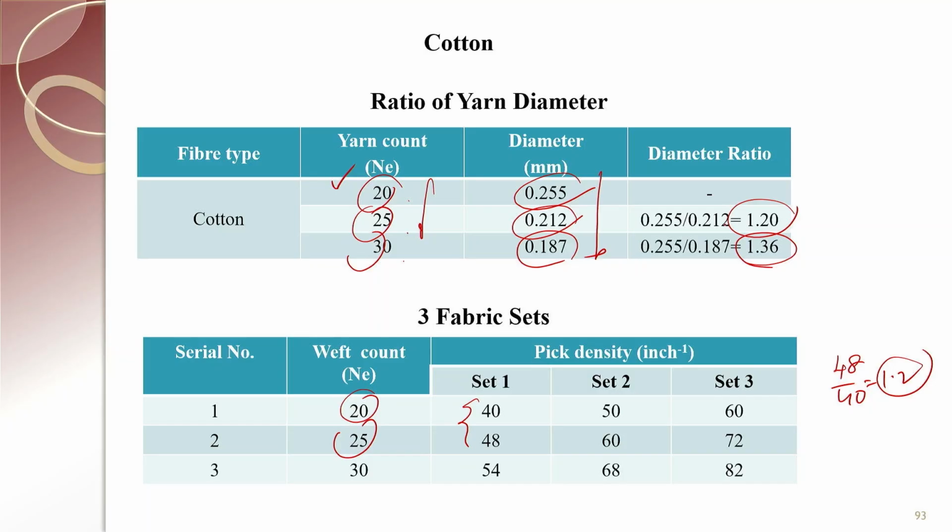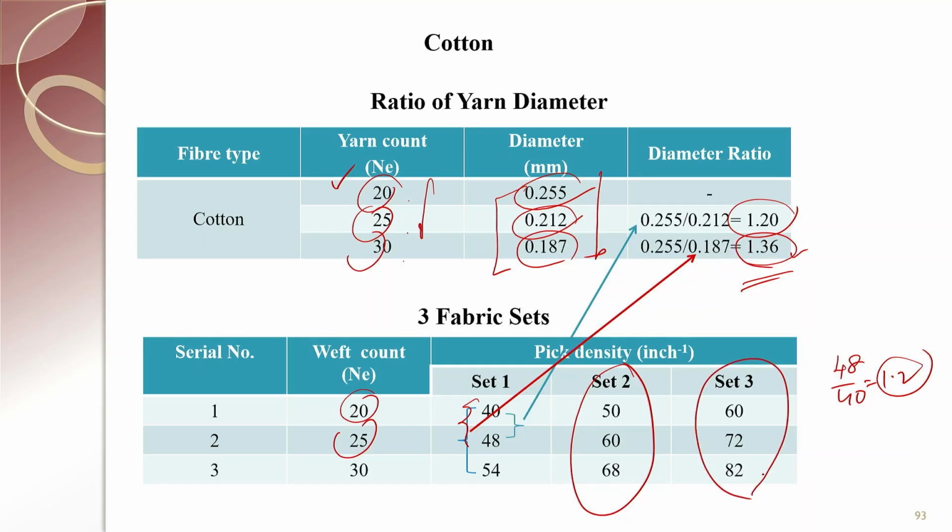So, we have kept this ratio the same, and between 40 and 54 the ratio is 1.36. So, a similar ratio was kept for set 2 and set 3. So, set 1 is a little bit open structure, set 2 is a closer structure and this is the closest structure, with higher cover factor.